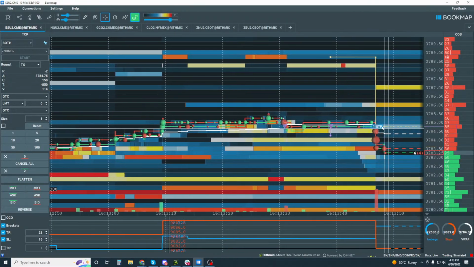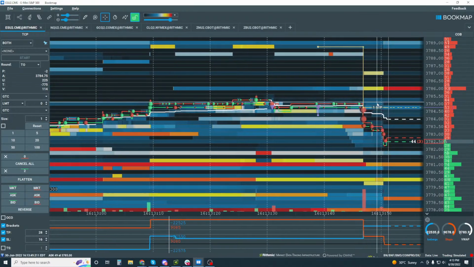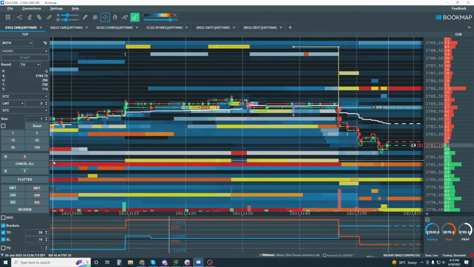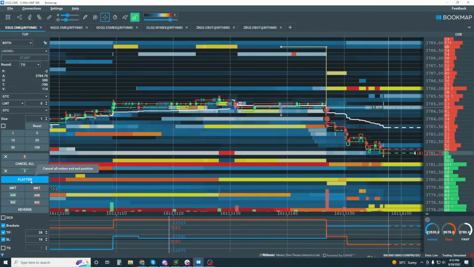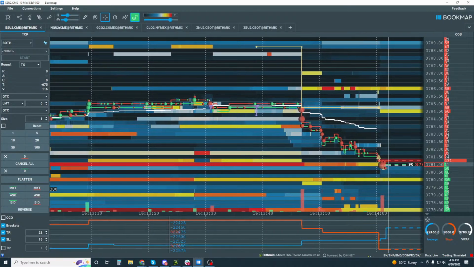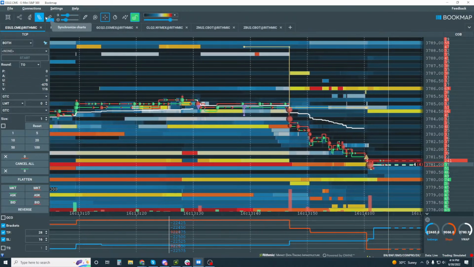There it is. It went 2 ticks. Look at my stop at break even. There we go, and that is that. Let me know if you guys have any questions about this. We can go through it again as well.